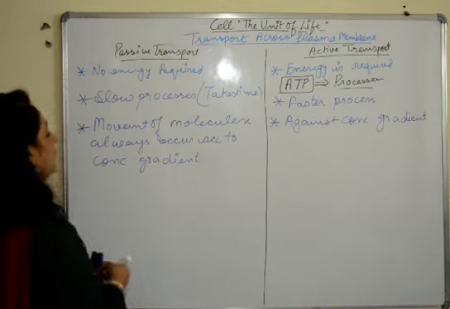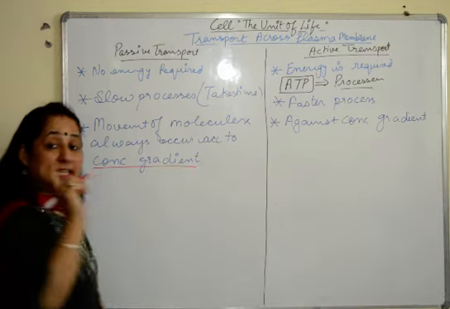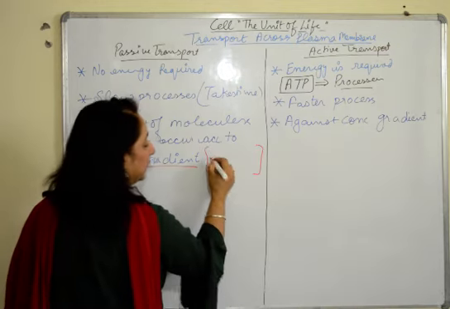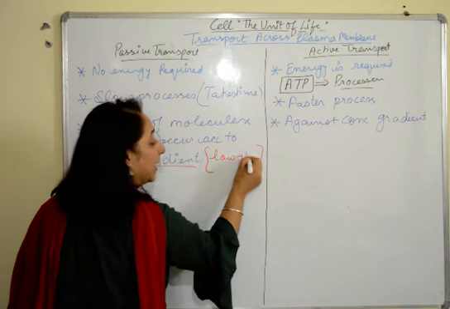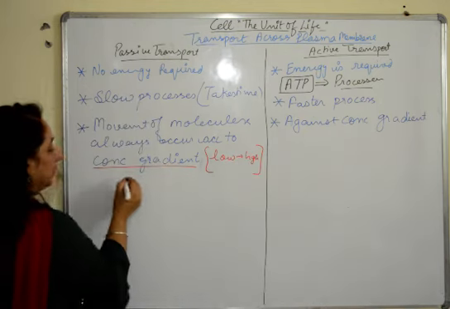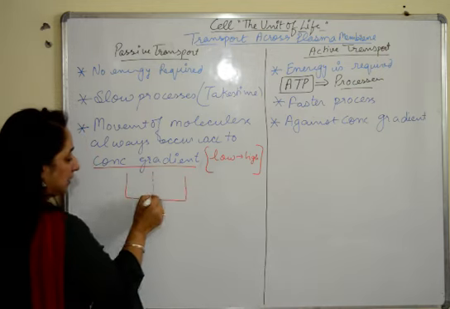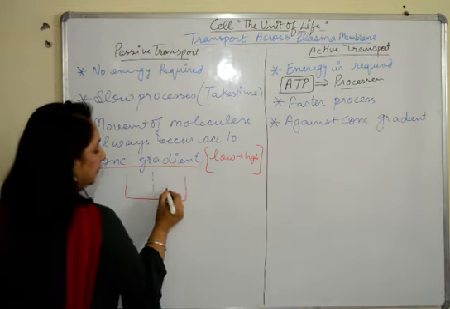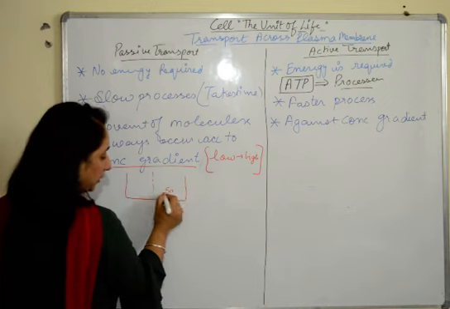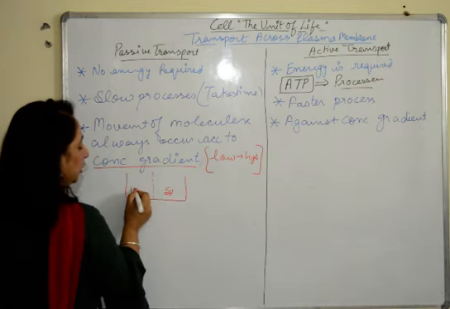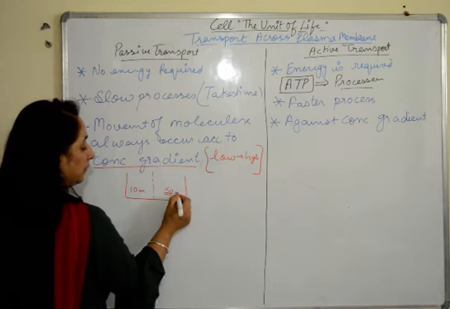Okay, now how do we explain this? Movement of molecules always occurs according to concentration gradient, from high to low. For example, suppose we have this beaker, and in this beaker we have 50 molecules of water here, and we have only 10 molecules of water there.